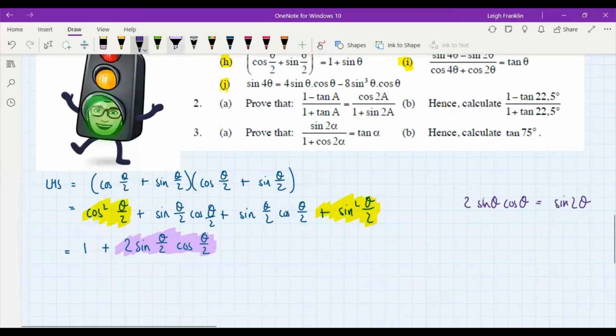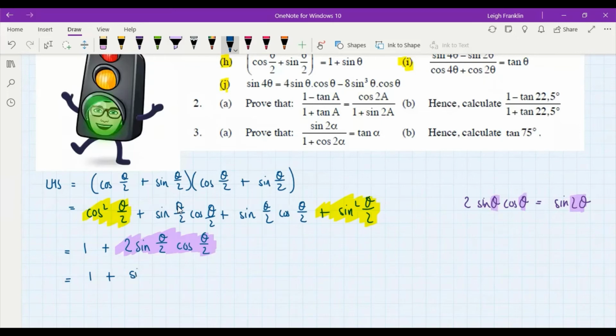Okay, so here we've got theta and theta, but here we've got 2 theta. So have a look at what we've got here on the left hand side.